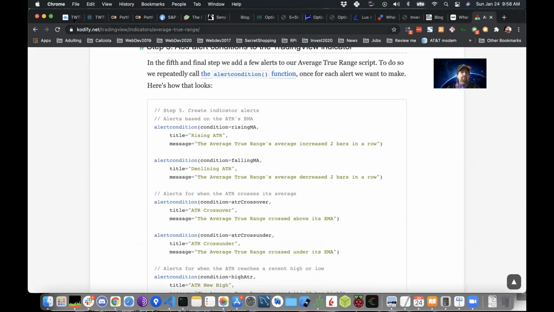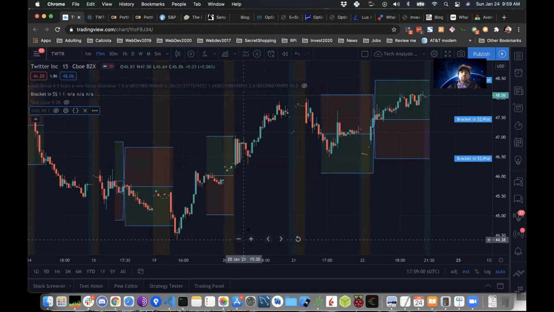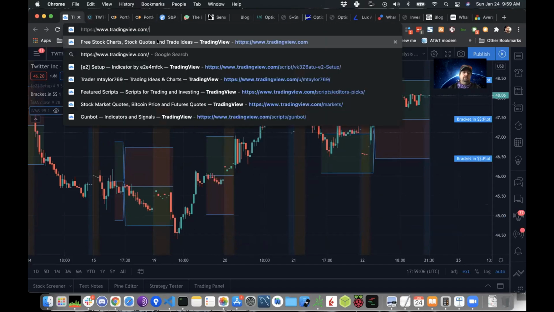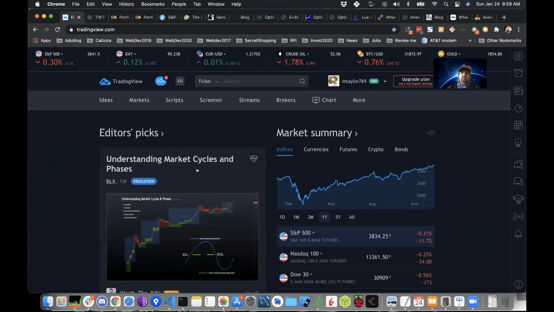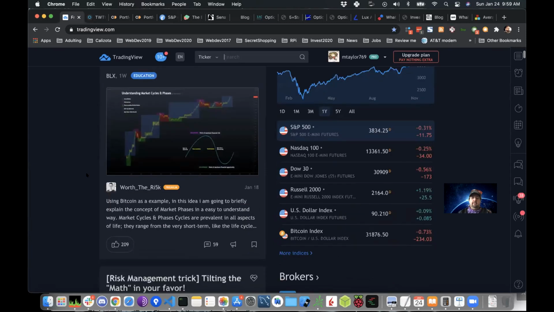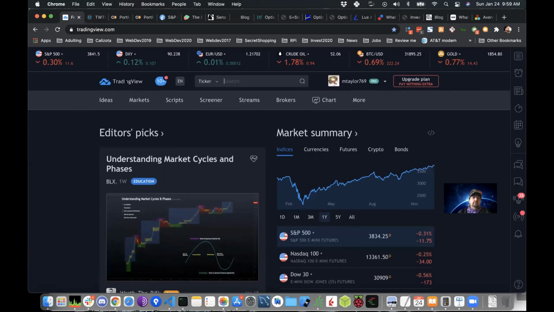So, TradingView. TradingView.com. I'm just going to go to their homepage so you can see what it looks like when you get there. TradingView.com is a fantastic site for charting and technical indicators and drawing your own charts and drawing things that you want to see.